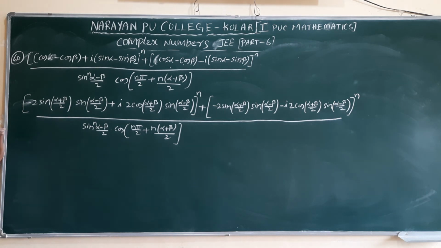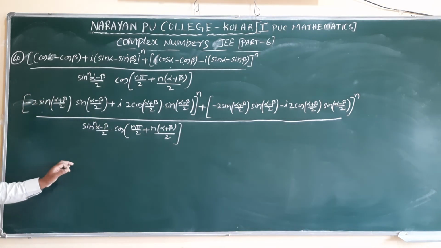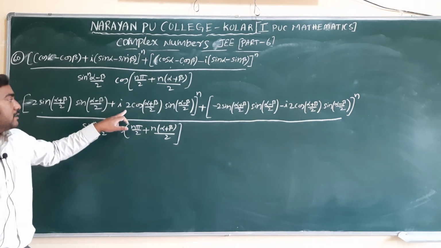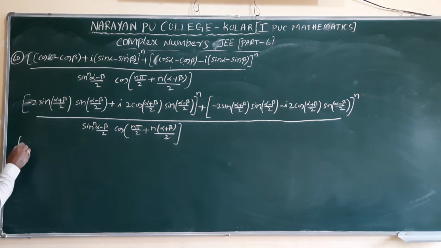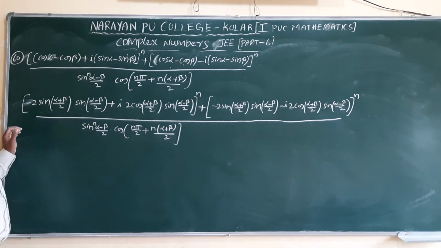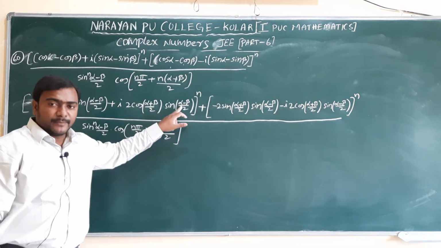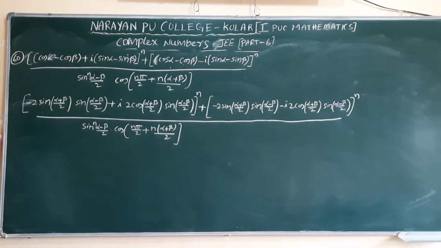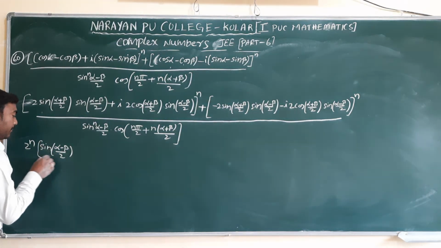Here we have to take common: here also 2 into sin of (alpha minus beta)/2, and here also 2 into sin of (alpha minus beta)/2. In the whole expression we have to take common 2 into sin of (alpha minus beta)/2, so the power should be there.